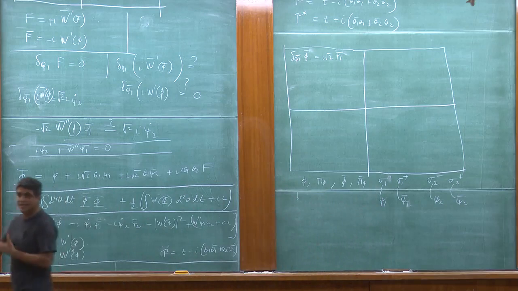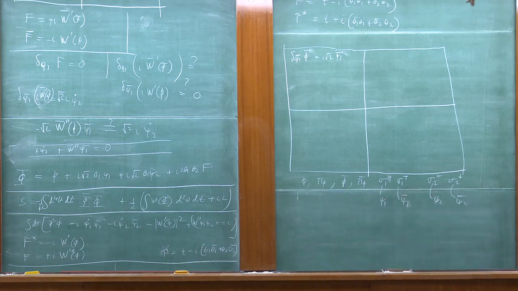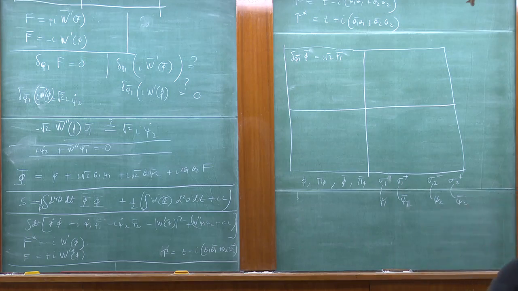Okay, so these operators generate a Hilbert space. So what is the Hilbert space? Well, the Hilbert space is 4 component square integrable wave functions of 2 real or 1 complex variable and its complex conjugate. Those are our wave functions. That's our Hilbert space.